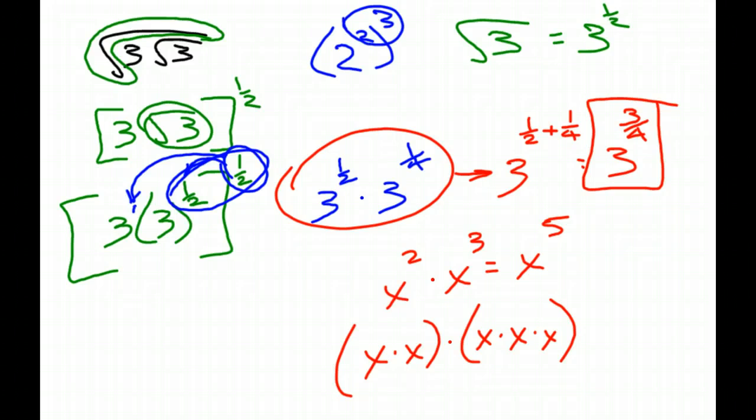We didn't go x squared to the fifth power. What if you had a different number in one of them, like 3 1/2 times 4 1/4? You're done. Unless that bottom number is the same, you can't go any further.